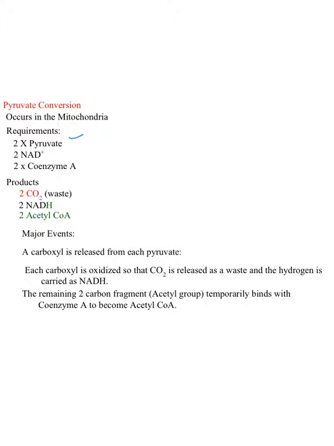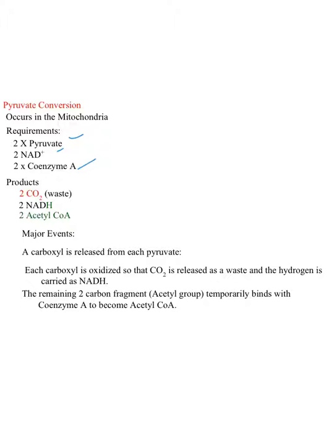We're still going to be stripping off some hydrogens, so we're going to need some NADs. And we're going to need a carrier molecule to bring our products into the next series of reactions, the true cyclical portion of the reactions. And that carrier molecule is something called coenzyme A.